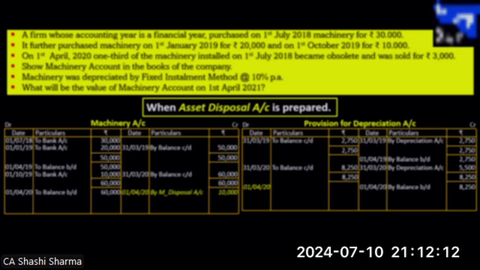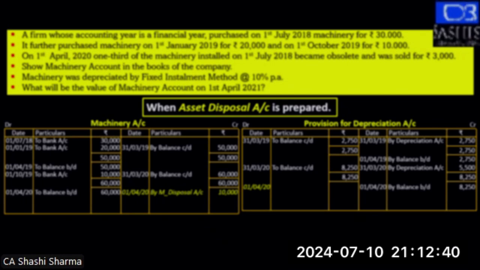And what do we do in this method? We simply transfer the cost of the machinery from the machinery account to the disposal account, and the related depreciation from the provision for depreciation account to the special account, and calculation of profit or loss etc. is done in that separate special account.